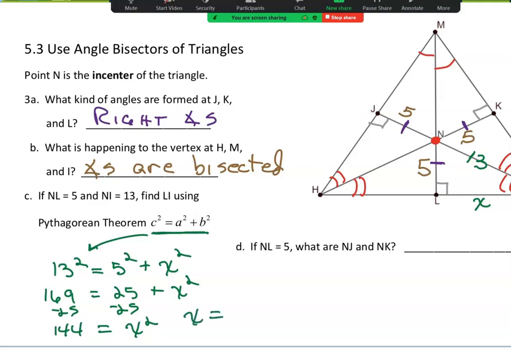X equals the square root of 144. That's a perfect square, so x equals 12. So LI equals 12. If NL is 5, what are NJ and NK? Well, I already labeled that. They are both 5. Okay? All right, let's stop there for this video.